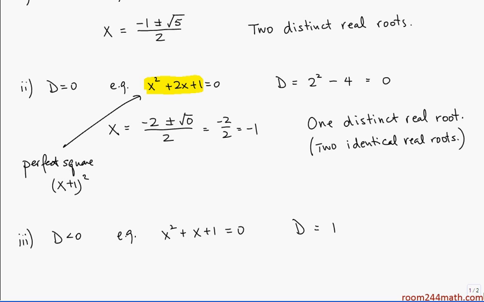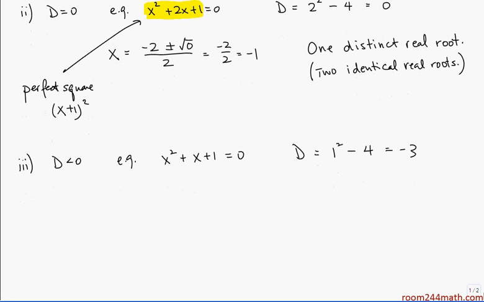So what's the discriminant? The discriminant is b squared, which is, in this case, 1 squared, minus 4 times 1 times 1, so that's minus 4. So we get a discriminant of negative 3. And we can use the quadratic formula to find the roots: negative b, which is negative 1, plus or minus the square root of negative 3, all over 2.